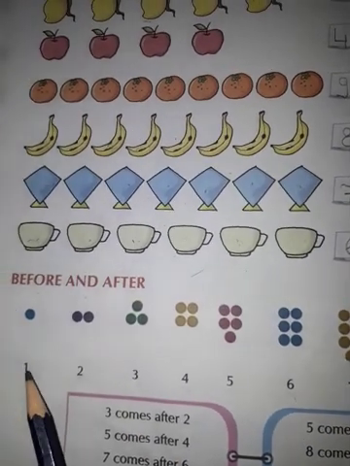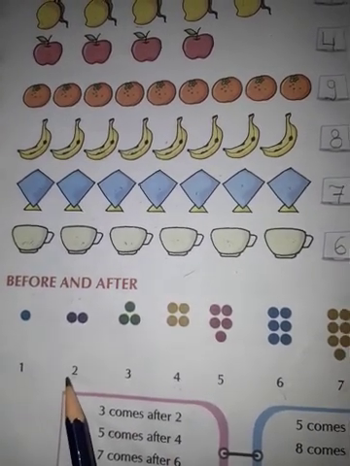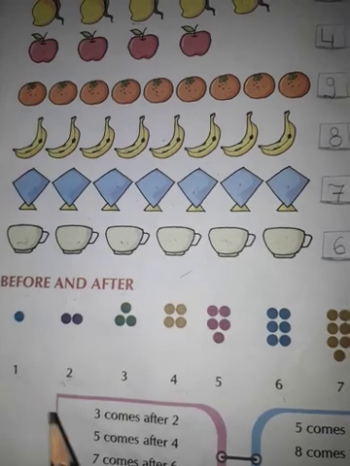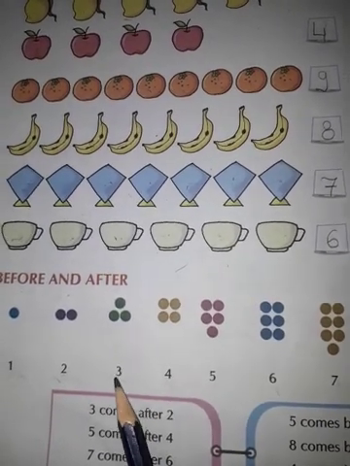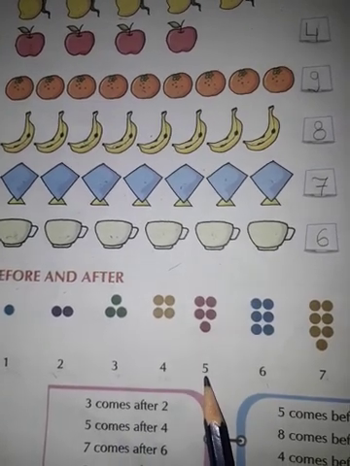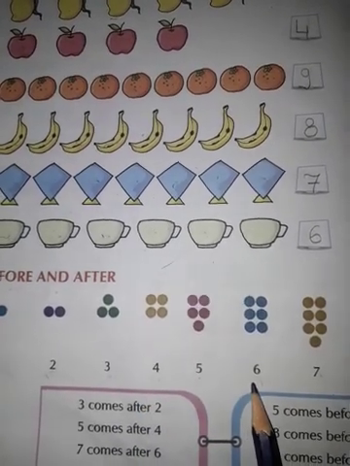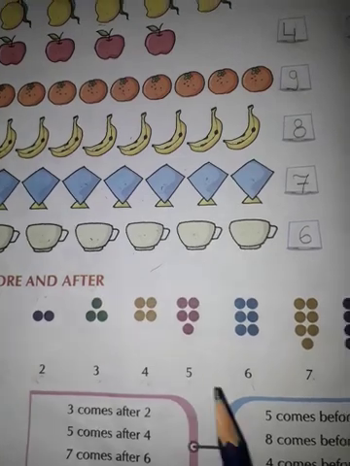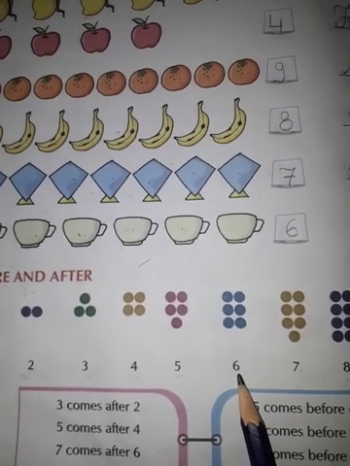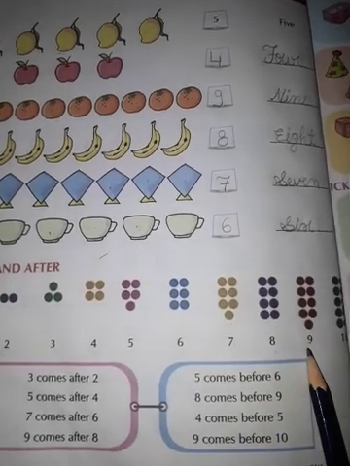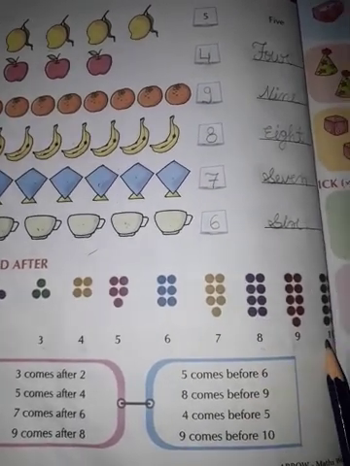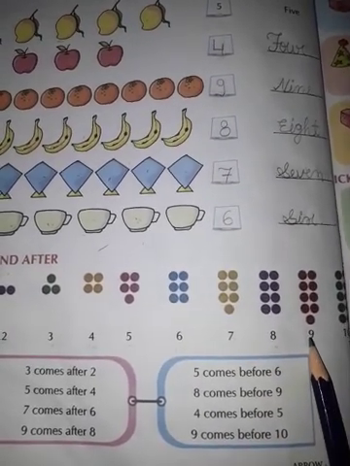And 2 comes after 1, 3 comes after 2, 4 comes after 3, 5 comes after 4, 6 comes after 5, 7 comes after 6, 8 comes after 7, 9 comes after 8, and 10 comes after 9.